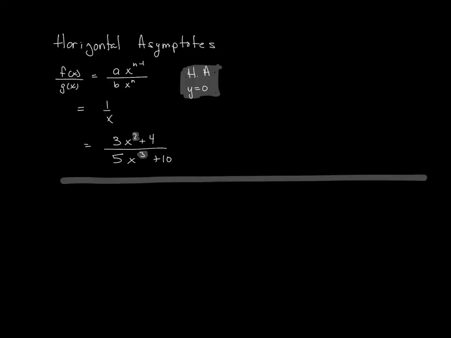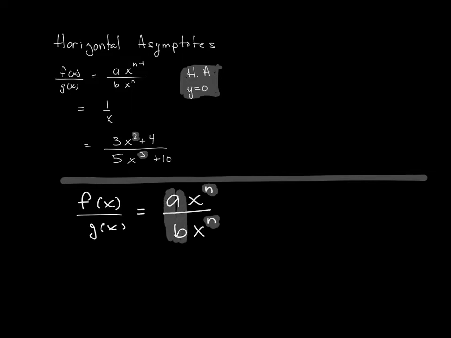Now, the second thing that can happen is when f of x and g of x have the same degree. By the degree I always mean the largest degree. When they match, the horizontal asymptote is just equal to the ratio of whatever is in front.